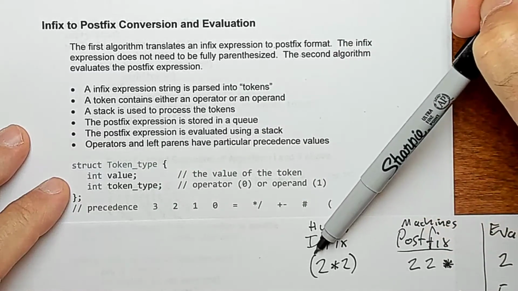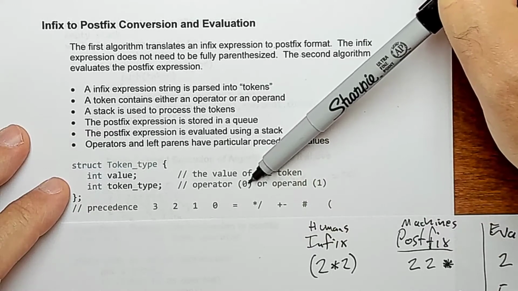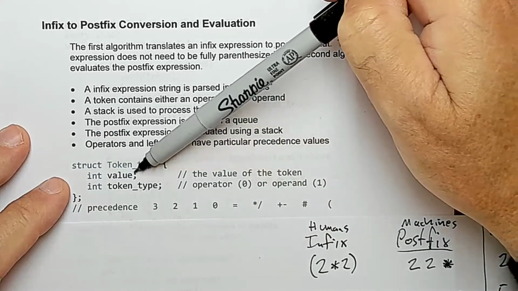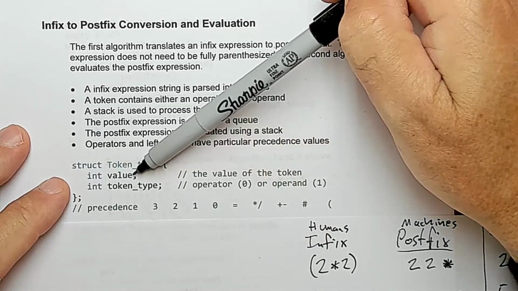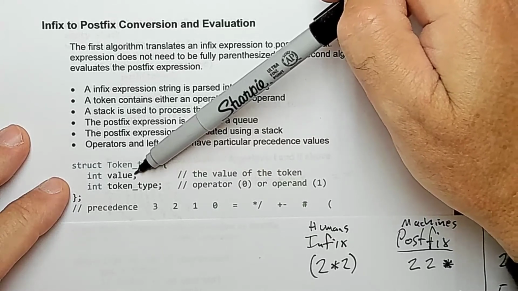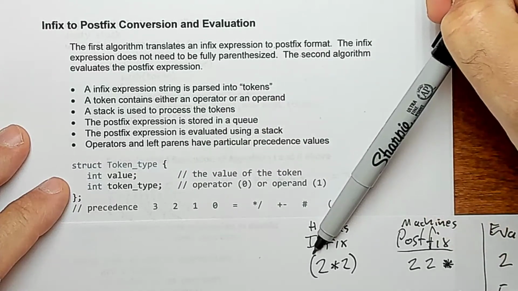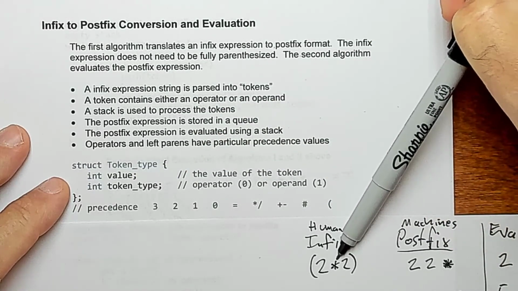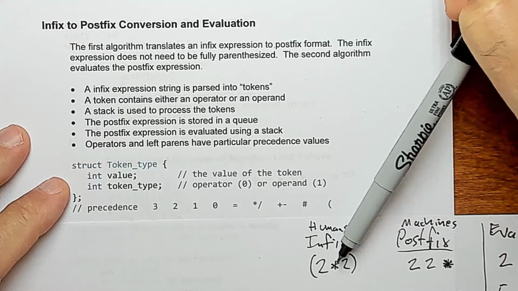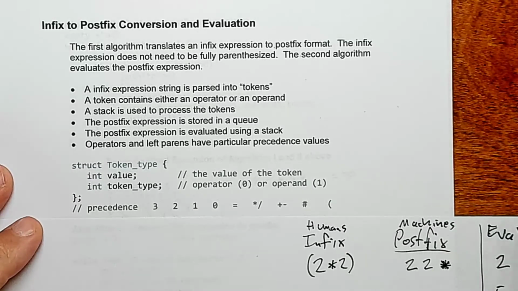And if it were a paren, then this would be 0, and the value would still contain a number, but that number would be the ASCII value for a paren, or the ASCII value for an asterisk, multiply.